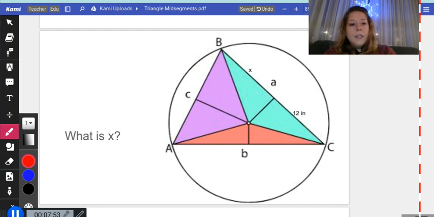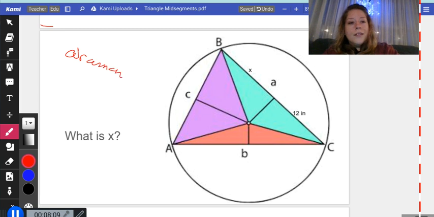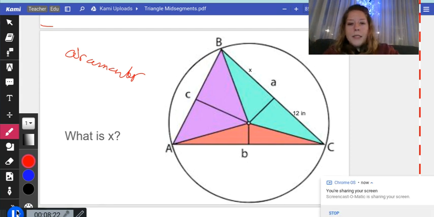All right, this last one. This has to be circumcenter because there is a circle around the outside, circumscribed. Circumcenter is formed by perpendicular bisectors.